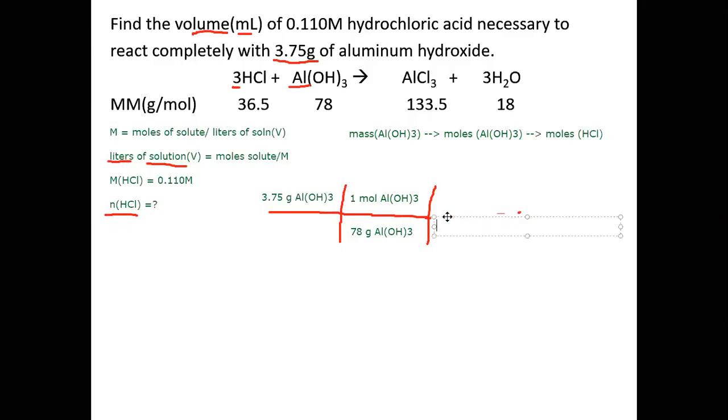So 1 mole of aluminum hydroxide gives us 3 moles of HCl.